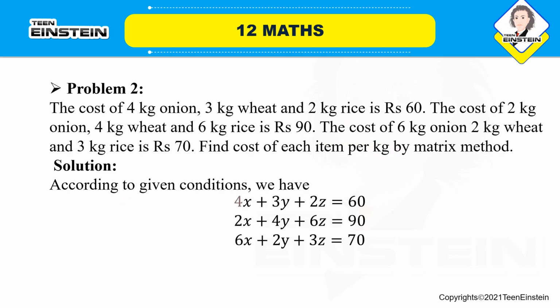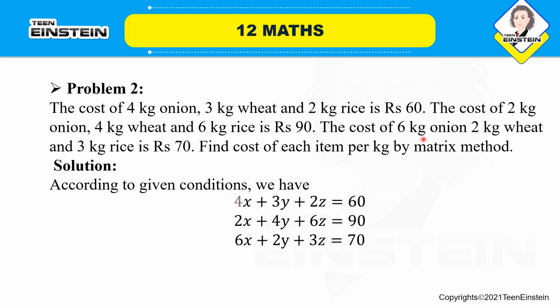Next, I move on to the next problem. Problem number 2. The cost of 4 kg onion, 3 kg wheat and 2 kg rice is rupees 60. The cost of 2 kg onion, 4 kg wheat and 6 kg rice is rupees 90.